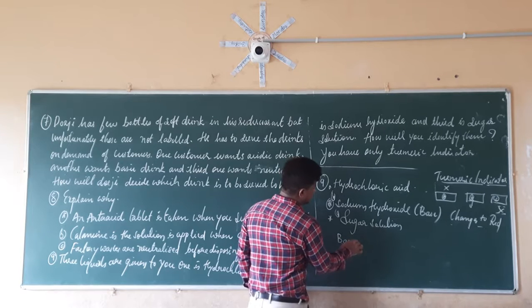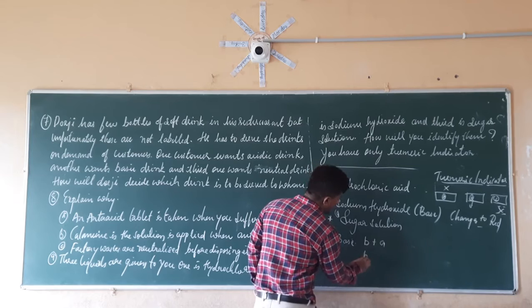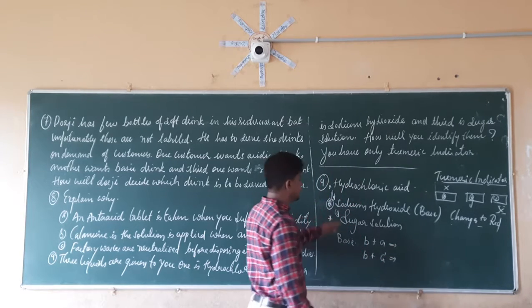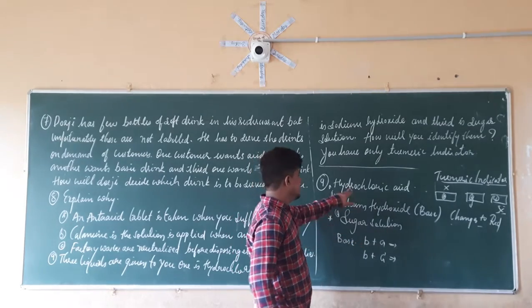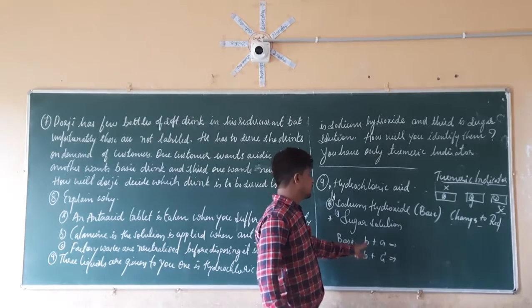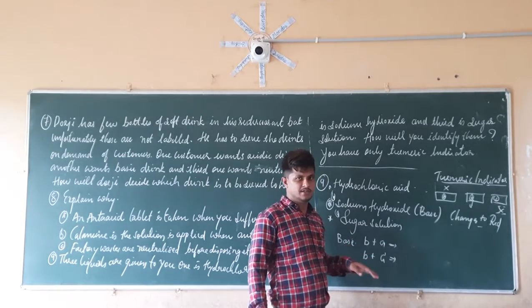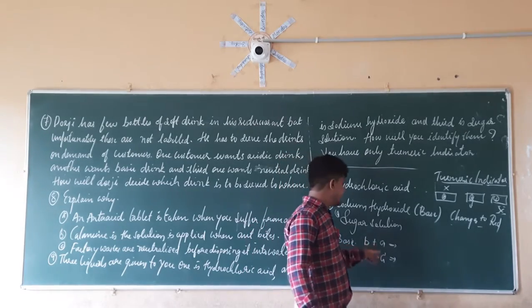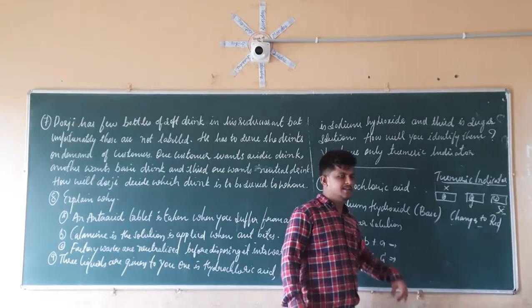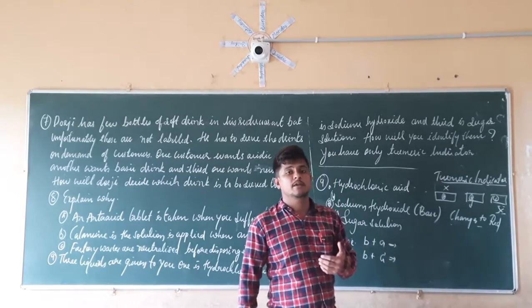Along with B we are going to add the A solution, and along with B we are going to add the C solution, the sugar solution, also. We don't know which one is acidic and which one is neutral. When we add an acidic medium to the base, a neutralization reaction occurs, and by that reaction heat is produced.